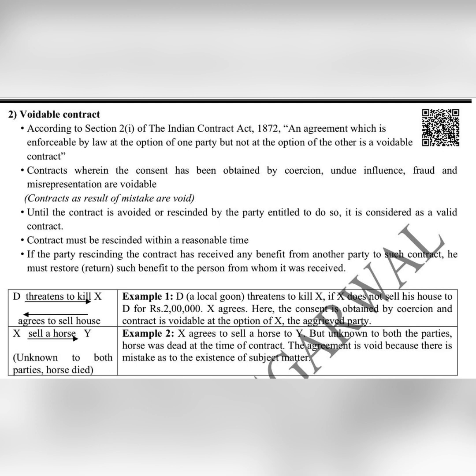No, the only option is to treat the contract as void, because you cannot sell a dead horse, you cannot perform the contract. That is why contracts where consent is obtained by mistake will be void and not voidable. There may be mistake of the existence of the subject matter, or mistake of quantity. These agreements are void because you cannot perform them; they are caused as a result of mistake.